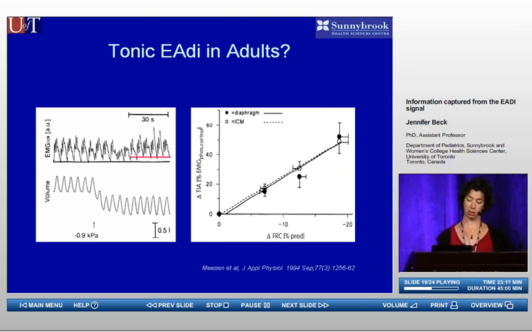And you can see here on the left panel that when they applied negative pressure at the airway, they saw a slight increase in the tonic background activity of the intercostal muscles. And then later on in the paper, they plot that as you decrease the FRC progressively, there's a progressive systematic increase in both the diaphragm and the intercostal muscle tonic activity. So there is some evidence that in healthy adults, at least, this reflex is present.